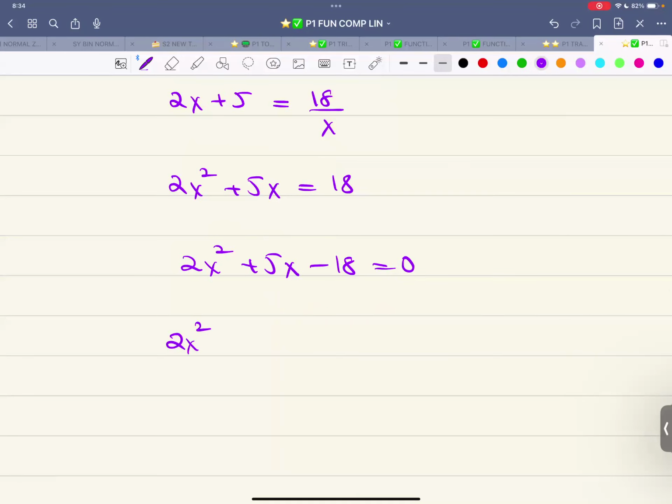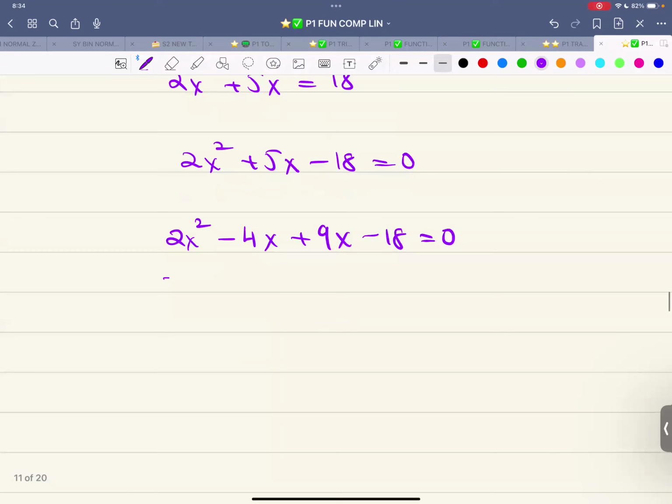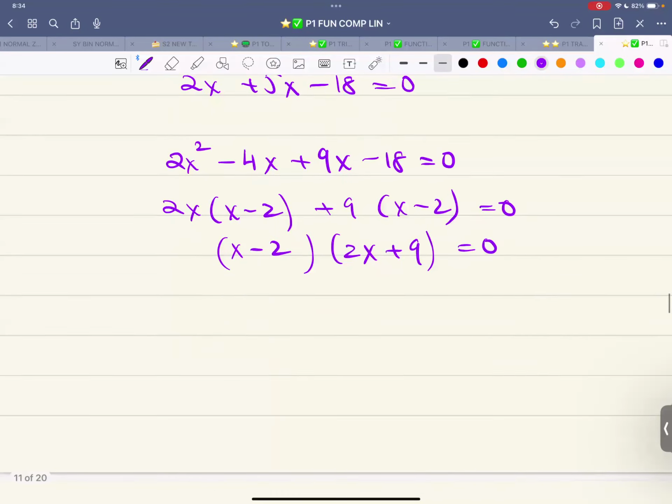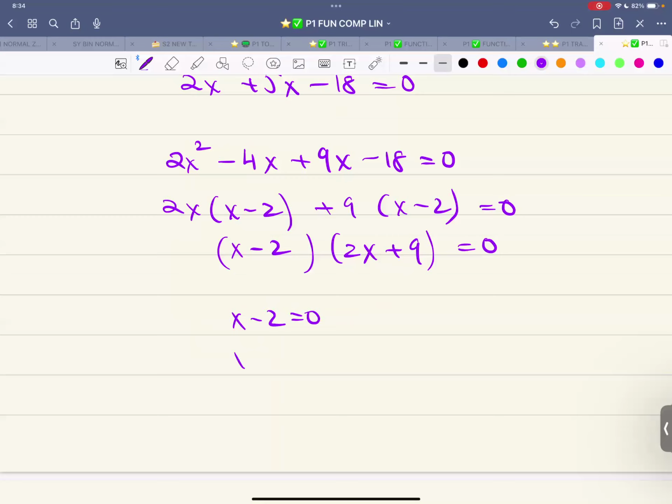So this is 2x squared minus 4x plus 9x minus 18 equals 0. 2x(x minus 2) plus 9(x minus 2) equals 0. So this is (x minus 2)(2x plus 9) equals 0. Therefore, x minus 2 equals 0, x is positive 2. 2x plus 9 equals 0, x is negative 9 over 2.